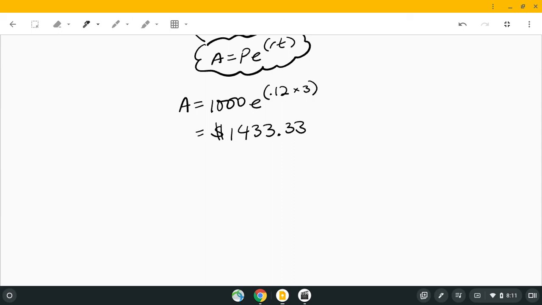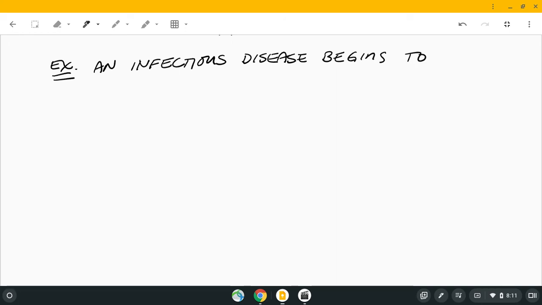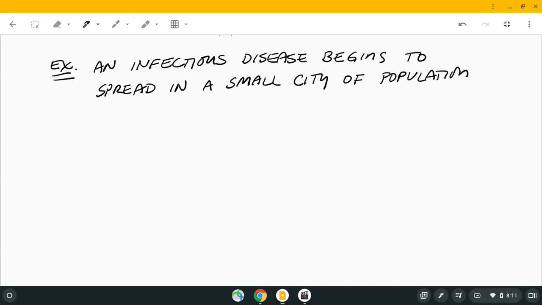Let's take a look at this one here. An infectious disease begins to spread in a small city of population 10,000.